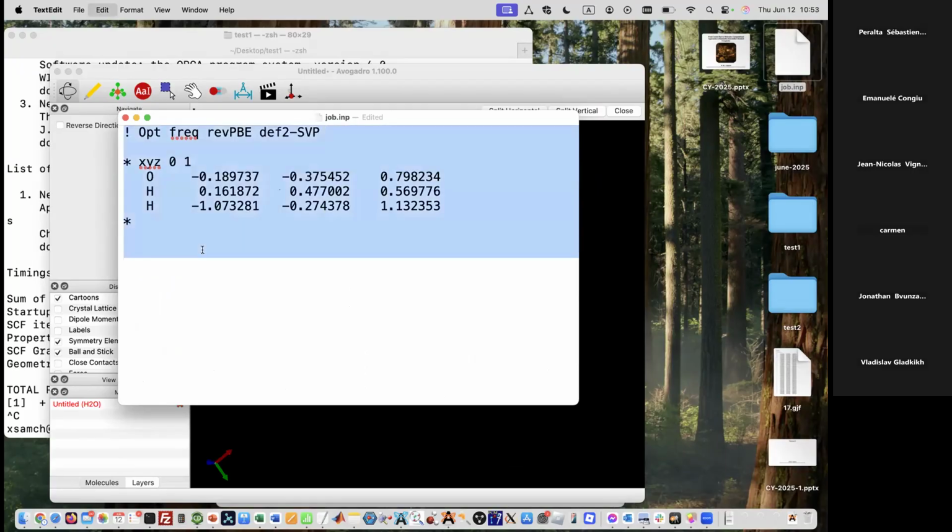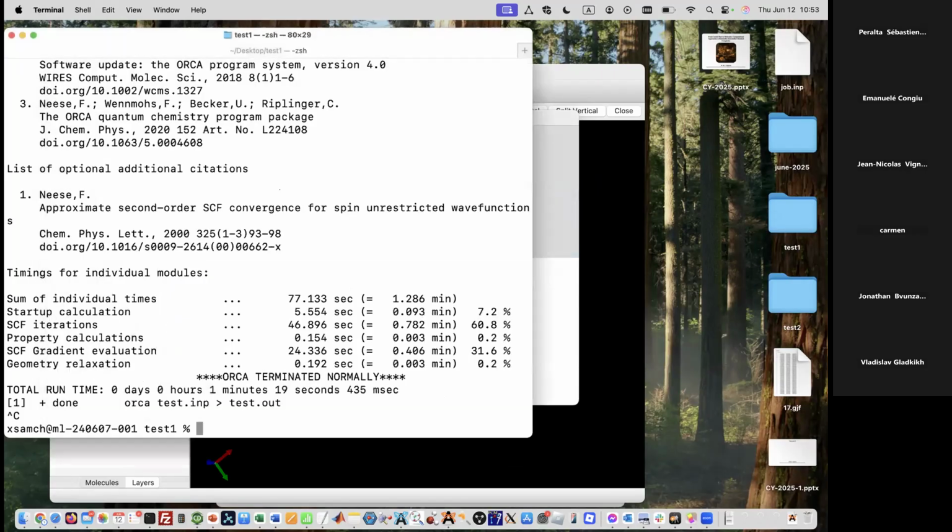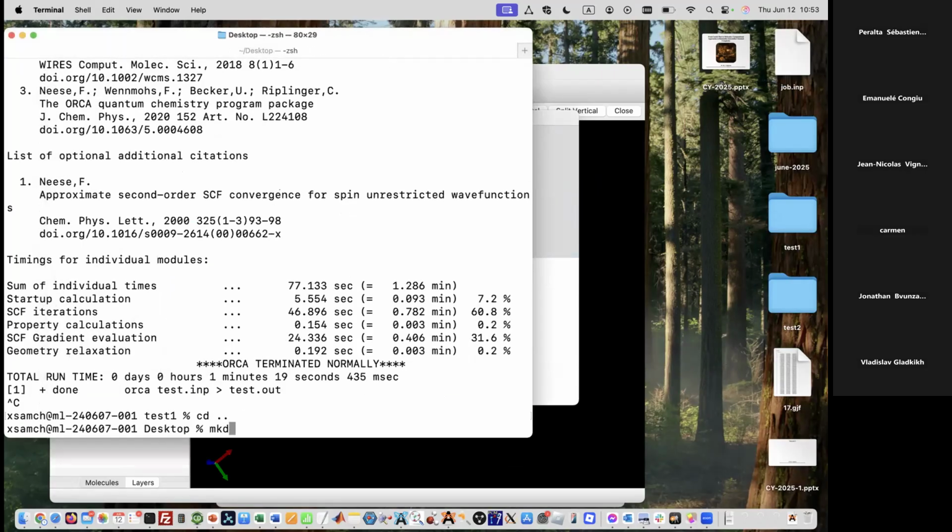So now let's run this calculation. Create a new directory.